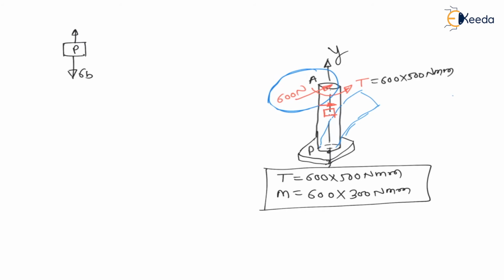Therefore, for this element, this is the torsional shear stress tau, this is how it will look, right? Therefore, here the component is subjected to combined bending and twisting moment, and sigma b is bending stress due to bending moment M, right? And tau is torsional shear stress due to twisting moment or torque T.